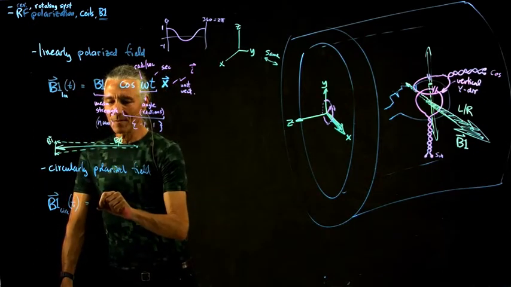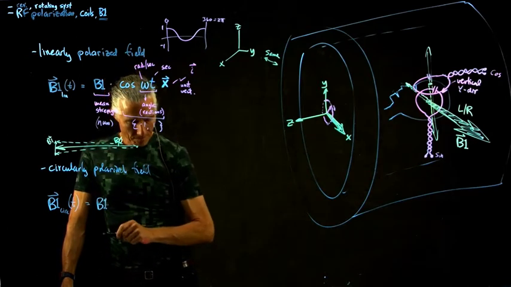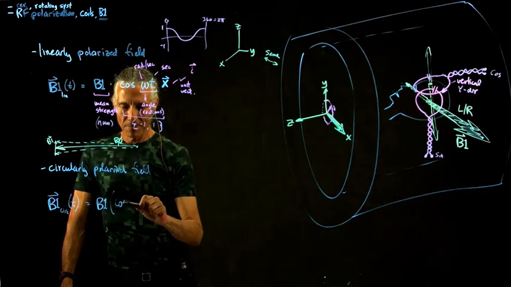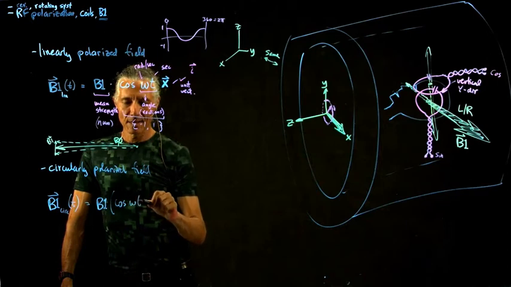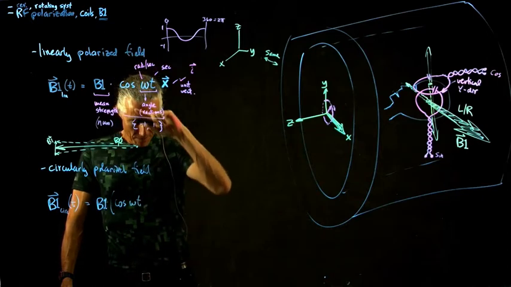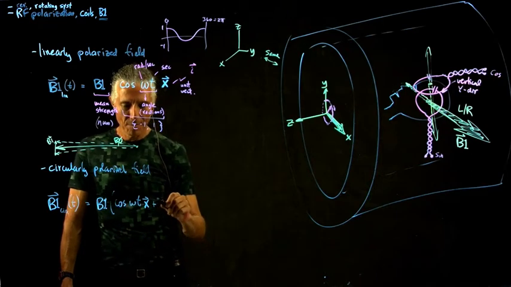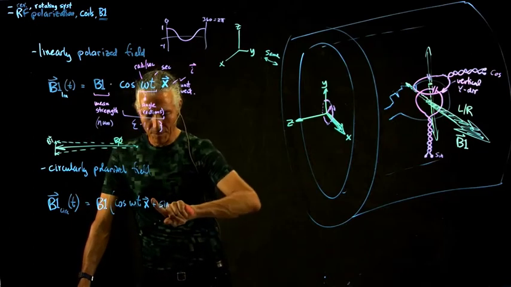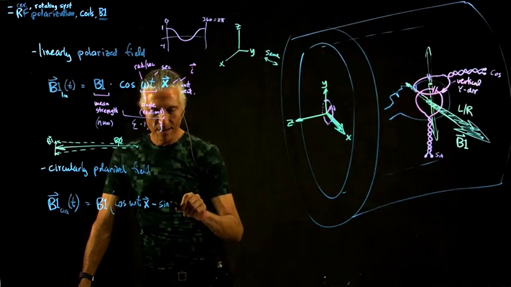So now we've got our average amount of the B1 field, but we're now multiplying by a cosine of omega t times the x unit vector plus the sine of omega t, or I'll put a minus here, minus the sine of omega t.